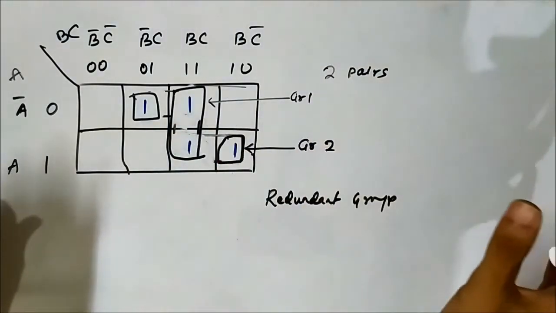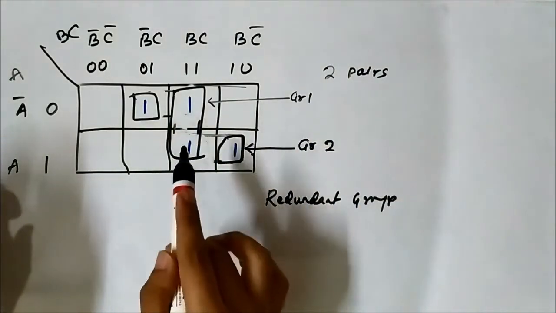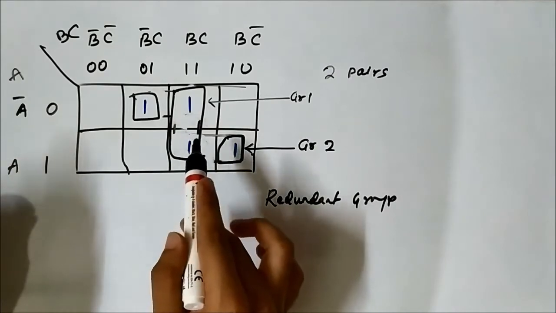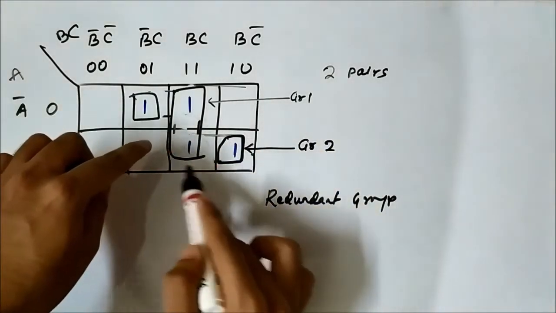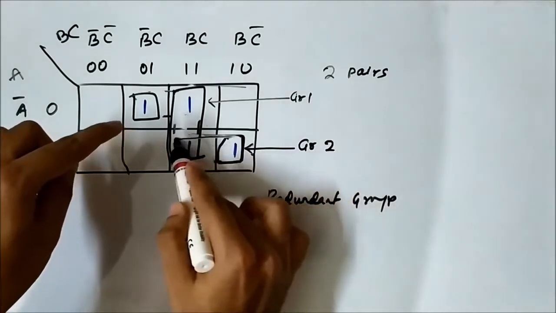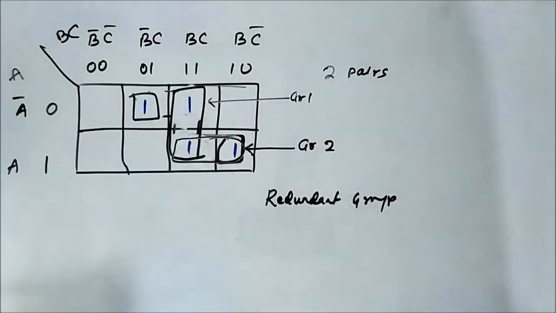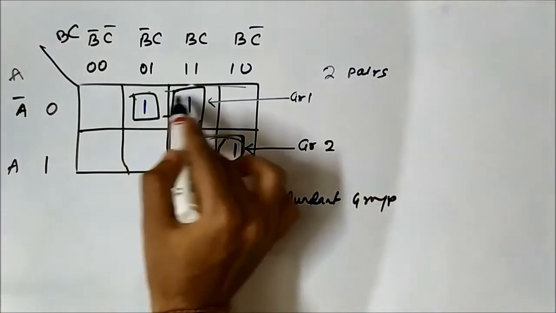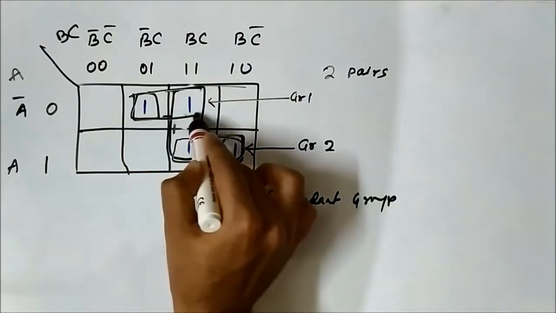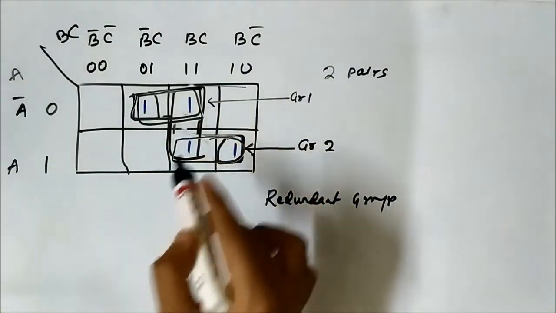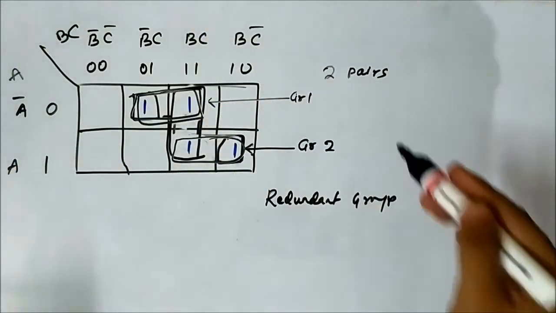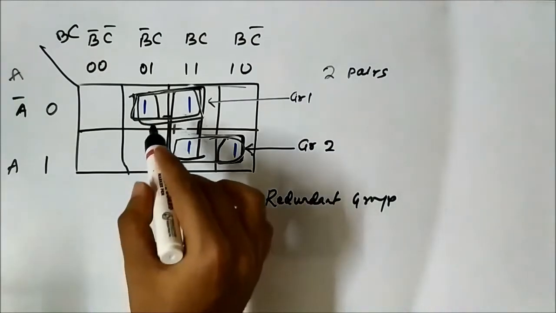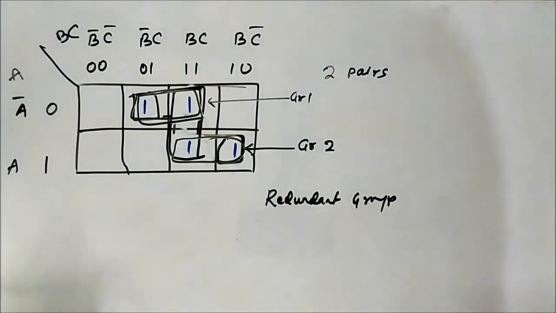Why? Because as per the rules, the maximum number of adjacent cells should be accommodated in a group. So here a larger group is possible, this. So why form a single cell grouping? Here also a larger group is possible using this. If the marked cells can be covered using two groups, why unnecessarily form three groups?